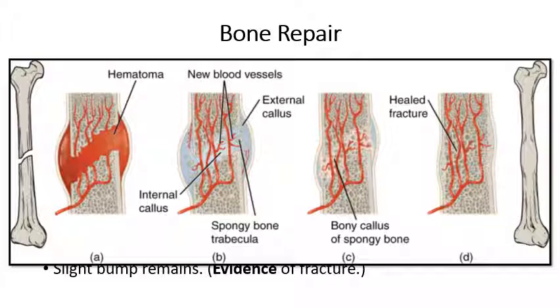And then the fibroblasts and chondrocytes inside the periosteum and the endosteum start producing hyaline cartilage, which gives you a callus. Right, so the callus is very weak. The callus is eventually replaced by trabecular bone, right? And then eventually the trabecular bone is replaced by compact bone, but the bone will always have evidence that it was broken and that it was healed.